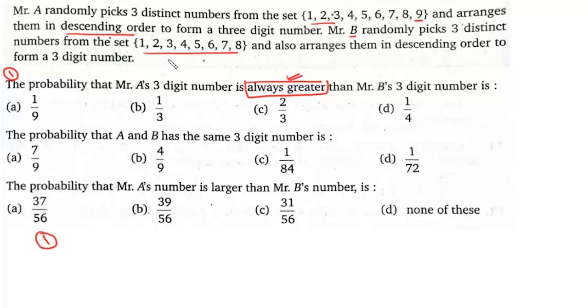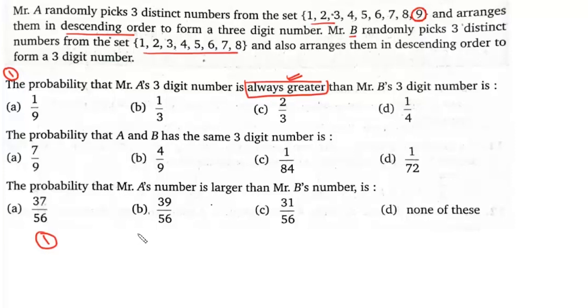Now the difference between this set and this set is that this set has 9. So if 9 is chosen by Mr. A in one of the 3 numbers, then the number formed by Mr. A will always be greater than the number formed by Mr. B. Now in how many ways can 9 be selected? We need 3 numbers, out of which 1 is already selected.